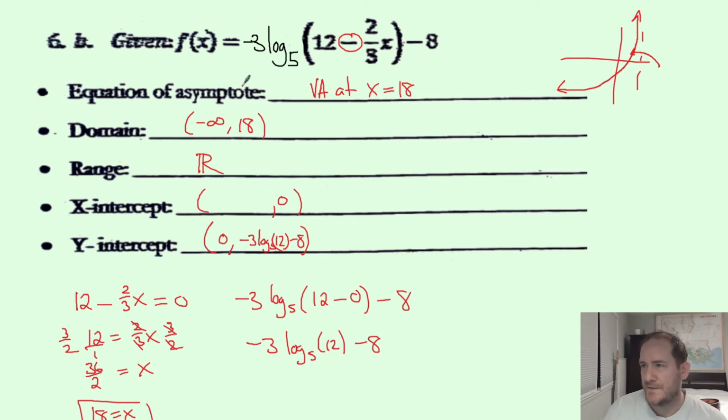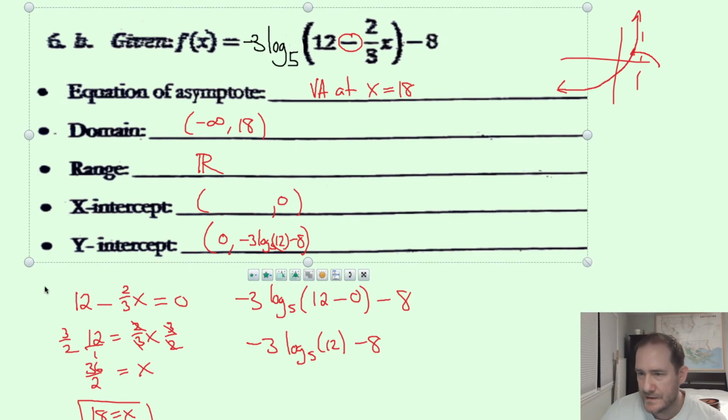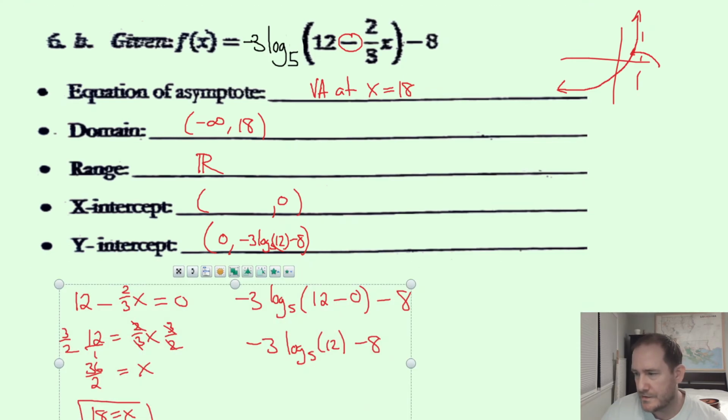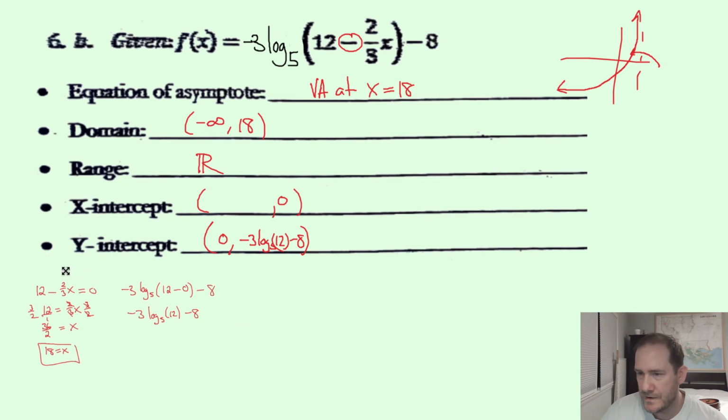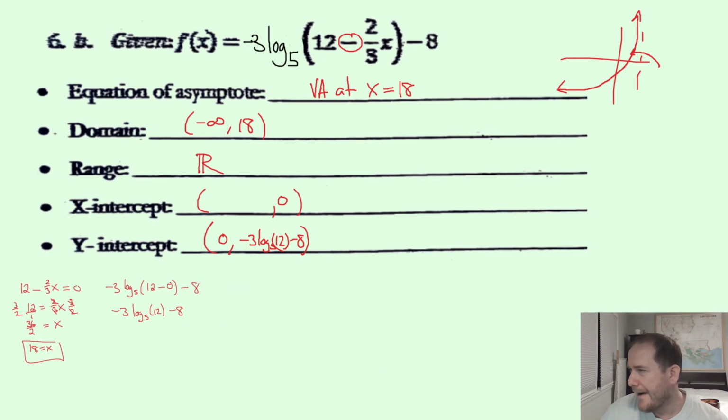For the x-intercept, if we set the whole thing equal to 0, what's going to happen? What are we going to get? I don't know. Take your function, -3 times the log base 5 of 12 minus 2/3 x, minus 8, and set the whole thing to 0.